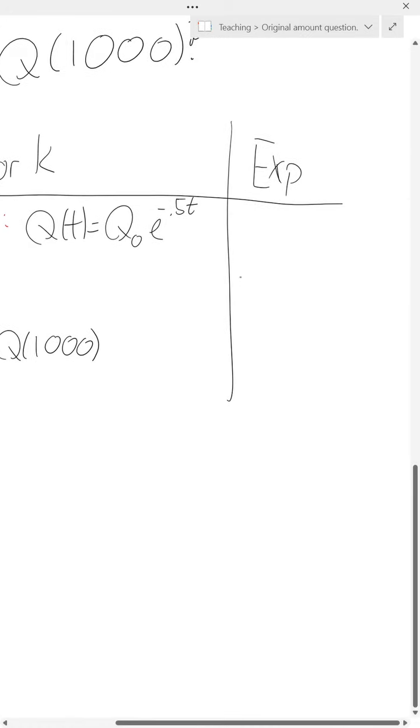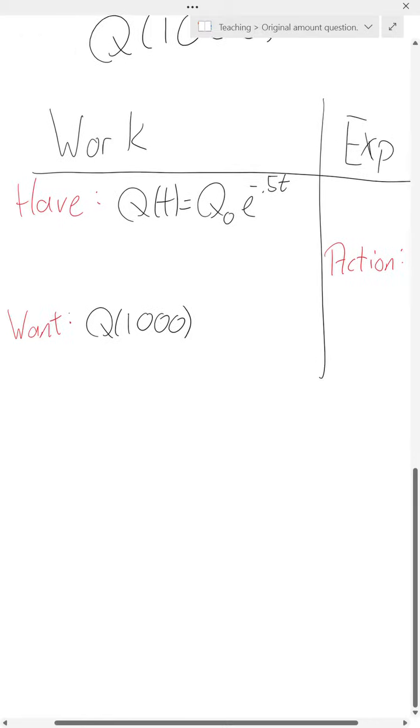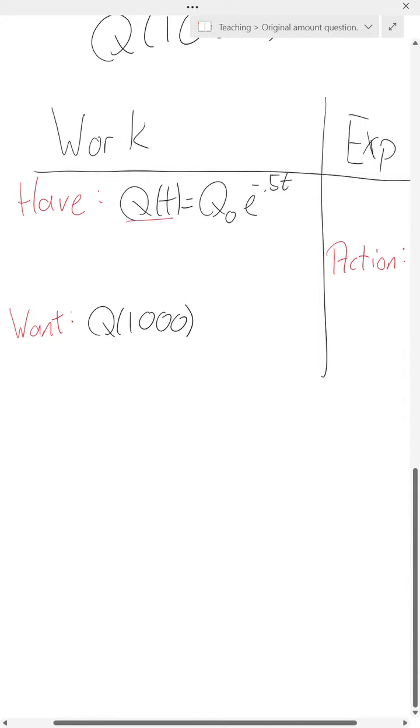So here we have to think of an action. What are we going to do to get from Q of t to Q of 1,000? A hint is to look at the difference here. The difference between these two is that this t becomes 1,000.